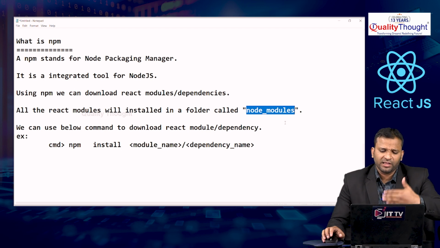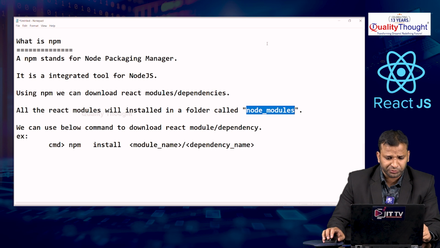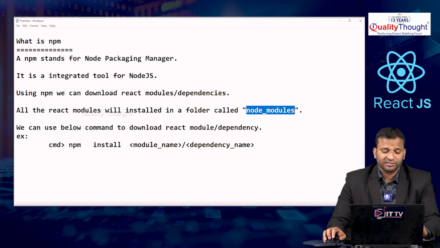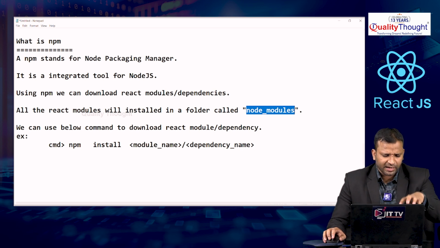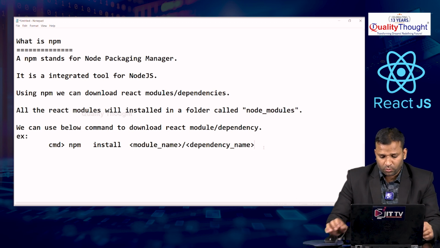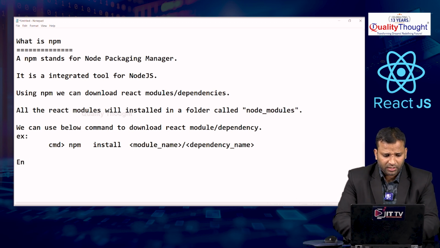Like this we are dealing with a lot of dependencies, so later on I will show you. But remember, npm is very important to create React applications. Using npm you can create a React application, and we can even create one by using npx, but here I am showing about npm.